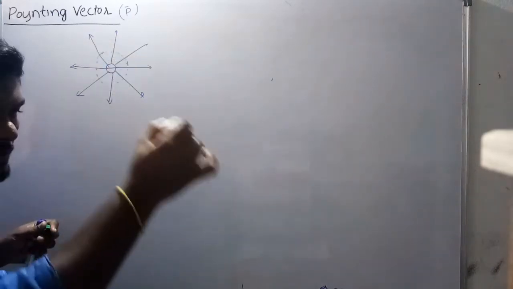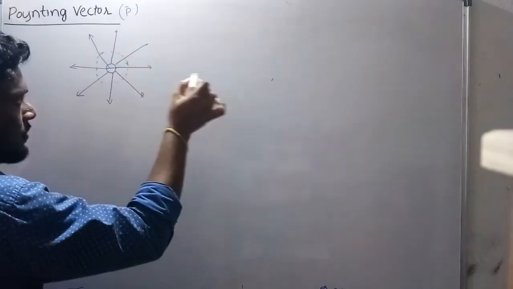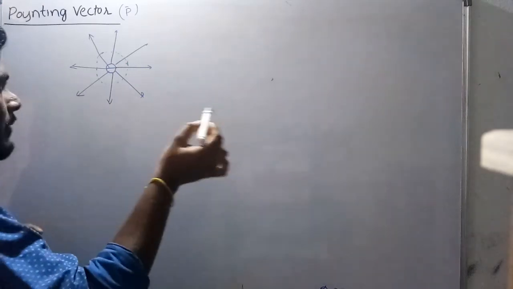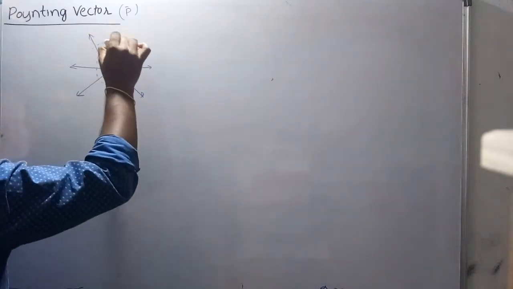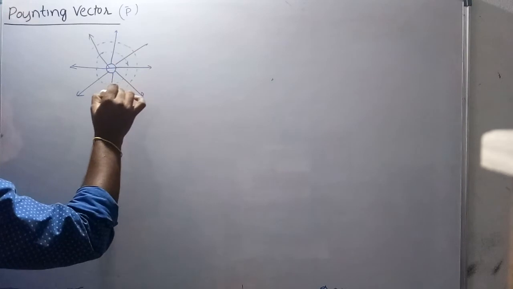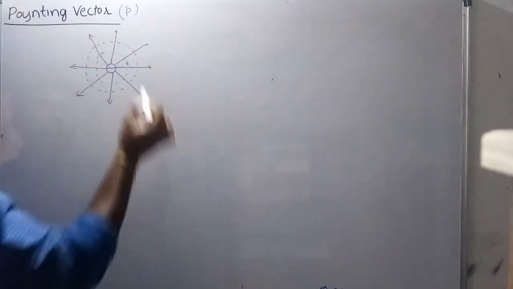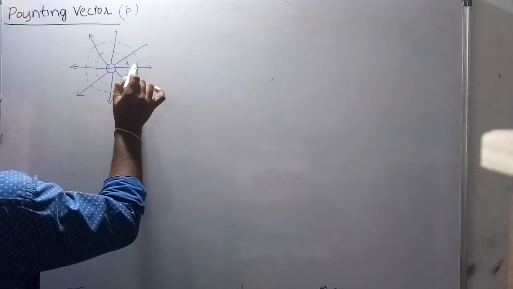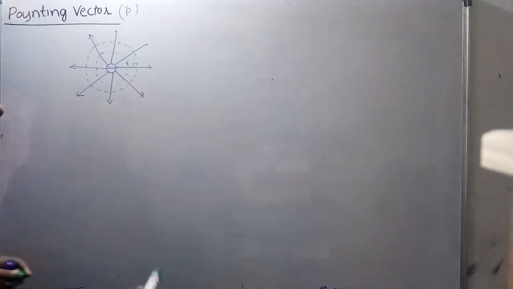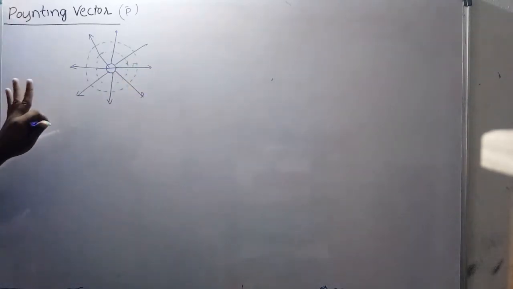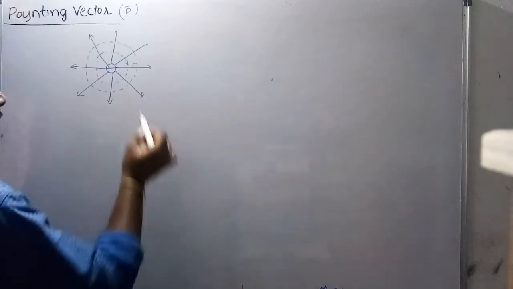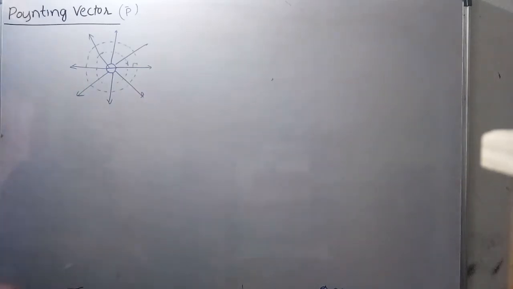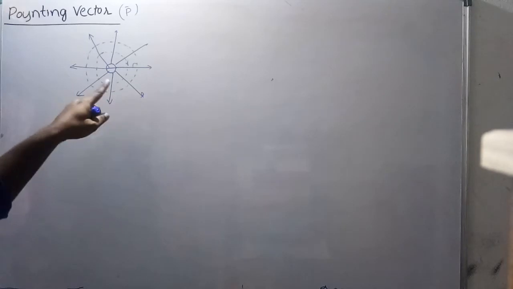The magnetic field direction is in circles, whereas the electric field is not a circle, it is a straight line. Now suppose at any point in the region surrounded by the electric and magnetic fields, the electric and magnetic fields are mutually perpendicular to each other. If you take any point in that region, those two fields are mutually perpendicular to each other.